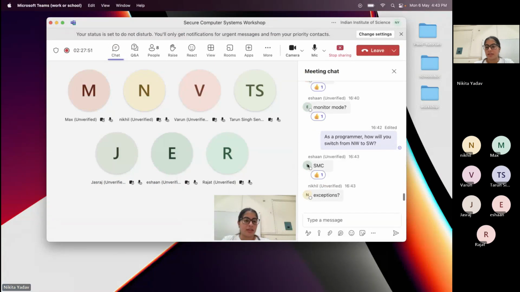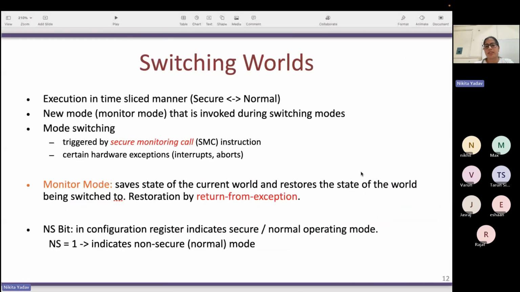SMC, basically. So SMC is the answer. SMC is also going to cause an exception, but you can use the SMC instruction.